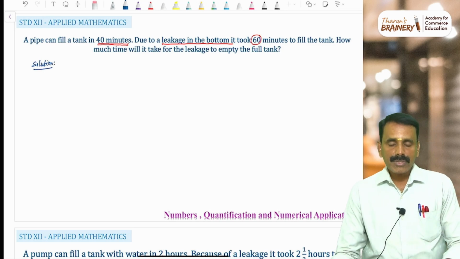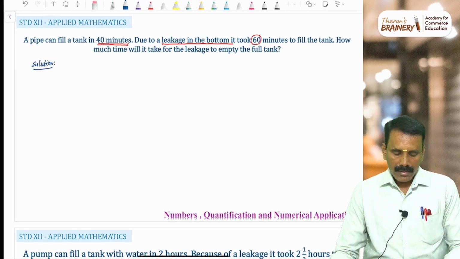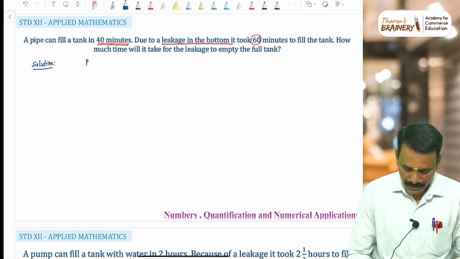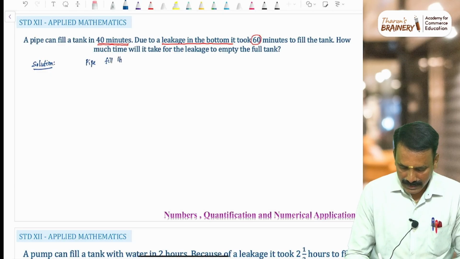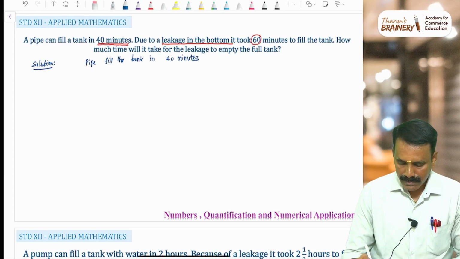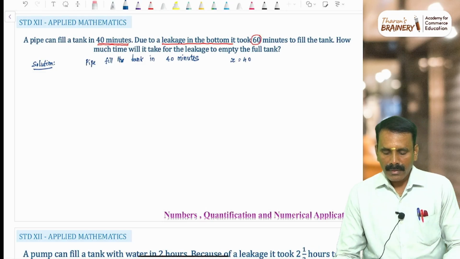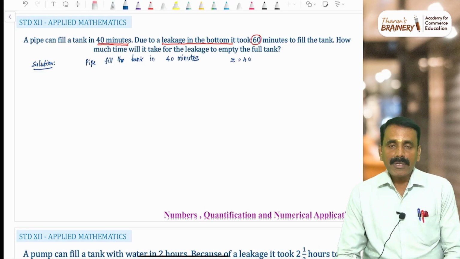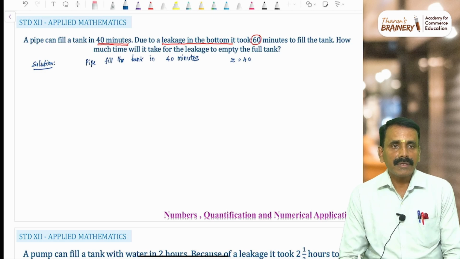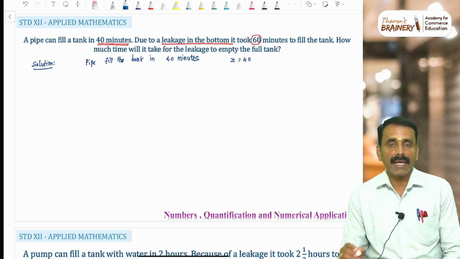We try to understand the question. Pipe is going to fill the tank in 40 minutes. So we take x is equal to 40. And we don't know how much time it will take for the leakage to empty the tank.